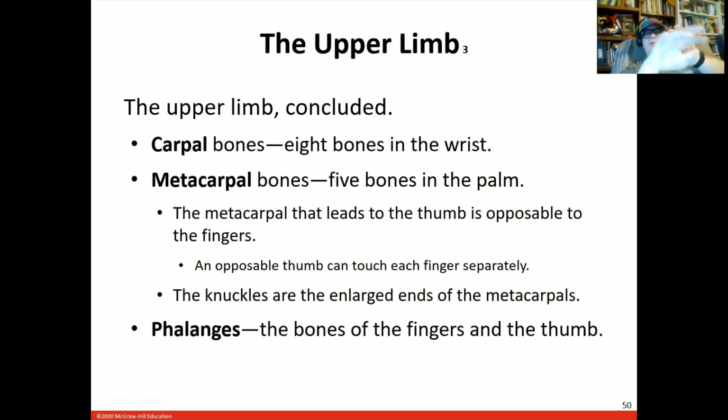We have metacarpal bones here. Metacarpal bones, 5 in the palm. The metacarpal of the thumb is still a metacarpal, but it can separate from the others; these you don't have the ability to abduct, to pull away from each other.